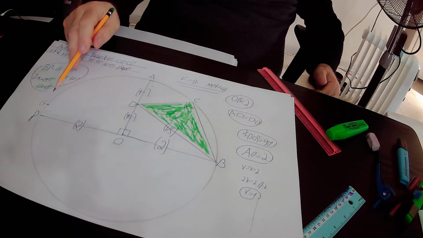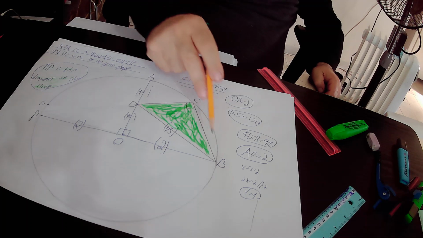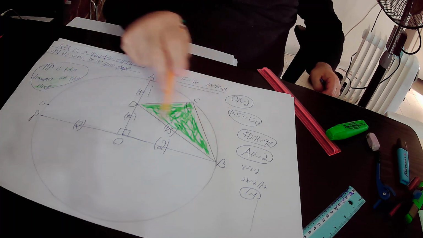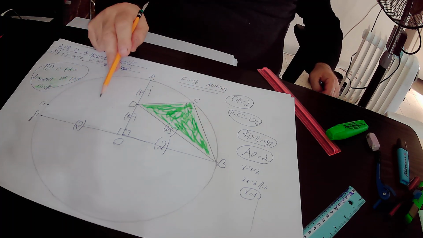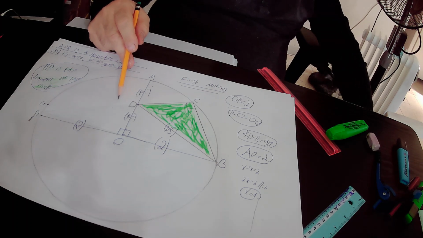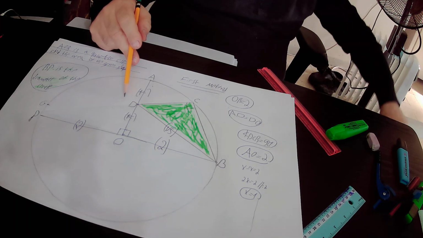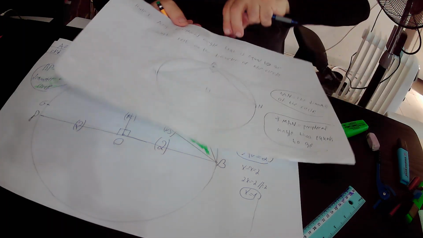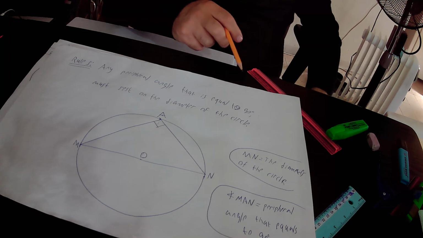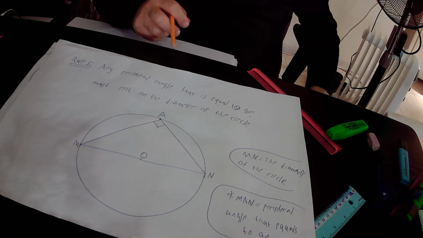So we found out that peripheral angle BCG, that is a right angle, is not subtended on the diameter of the circle, and this is a contradiction to rule 5. According to rule 5, any peripheral angle that is equal to 90 degrees must rest on the diameter of the circle.